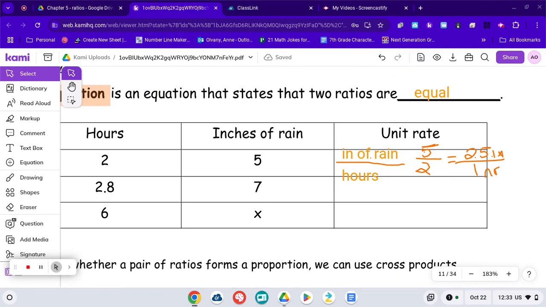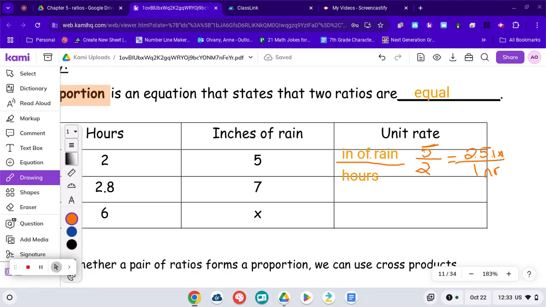All right, let's try another one. I'm going to do this one in blue in case they kind of run together. 7 inches in 2.8 hours.